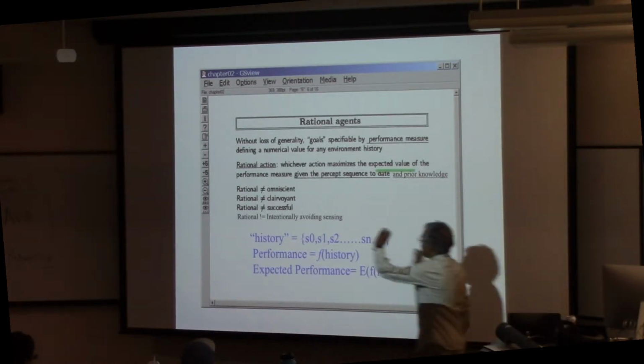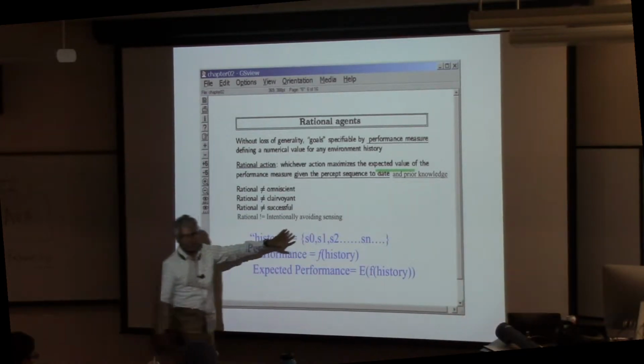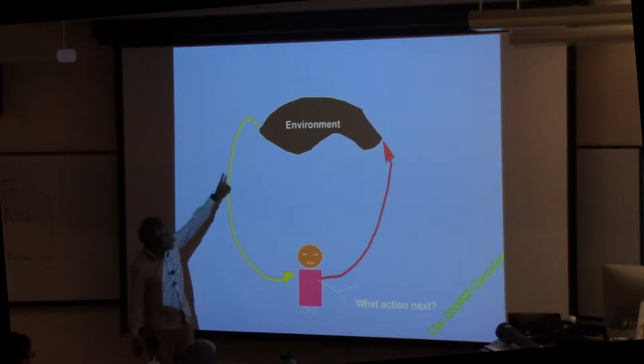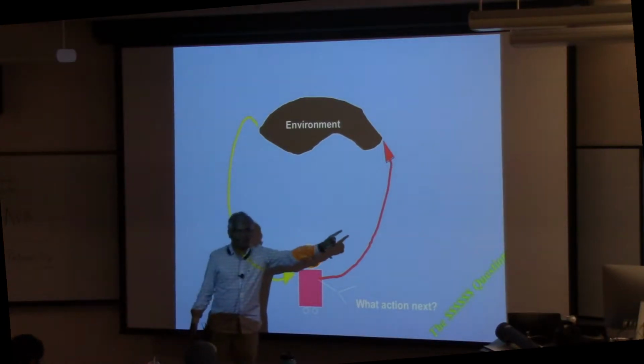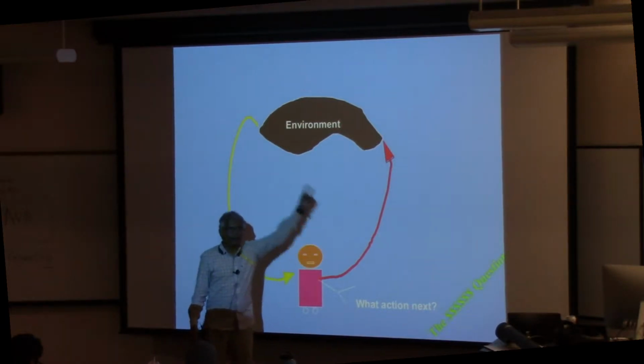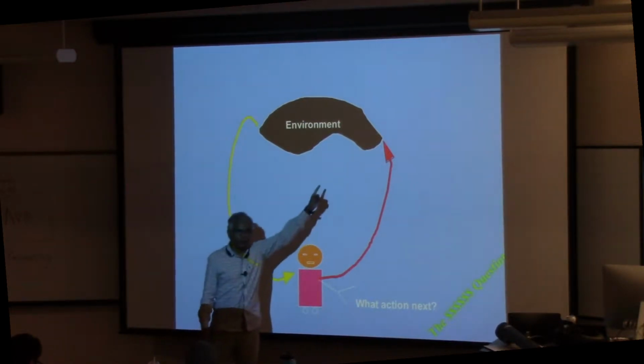So this slide is actually about performance. That is externally evaluated performance of the agent. Remember that the agent was taking percept sequences, deciding action. So it takes, let's say, P0, A1, P1, A2, P2, A3, and so on.